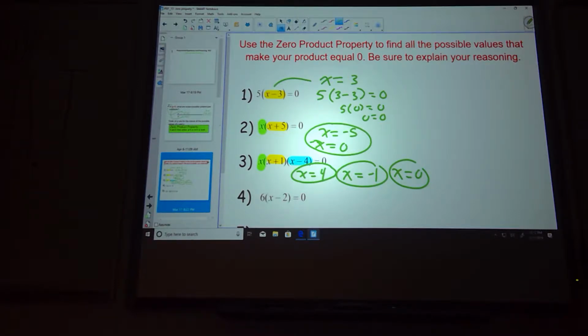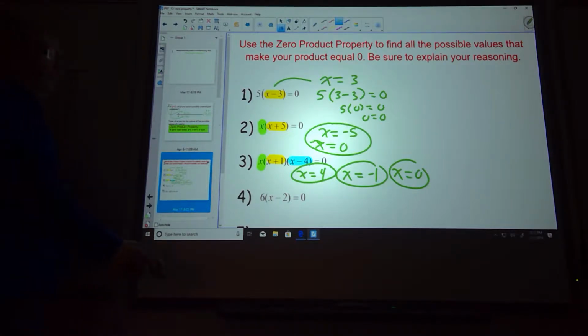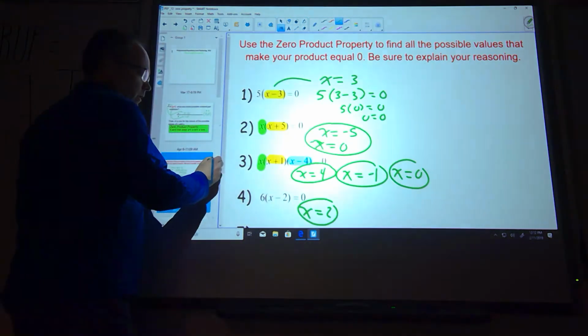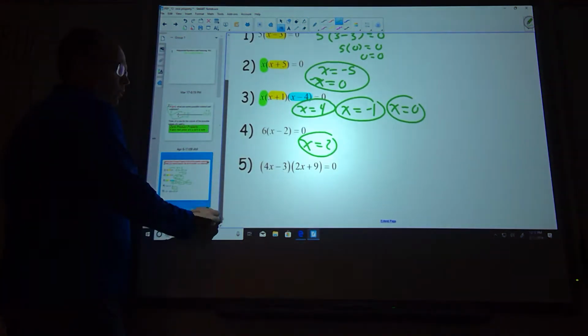Number 4, solution or solutions. 2. Just 2. That's the only solution. Agree? Let's move down.